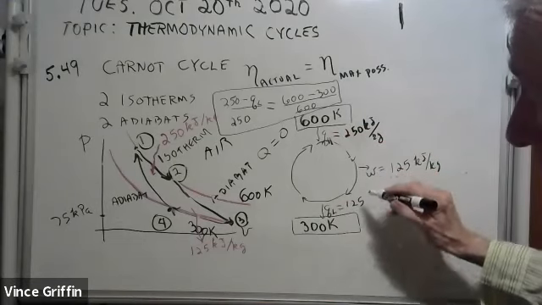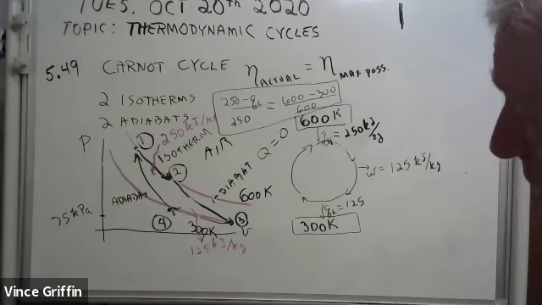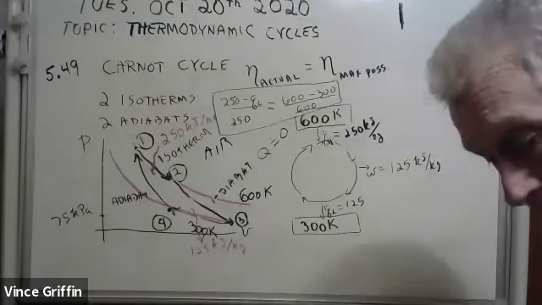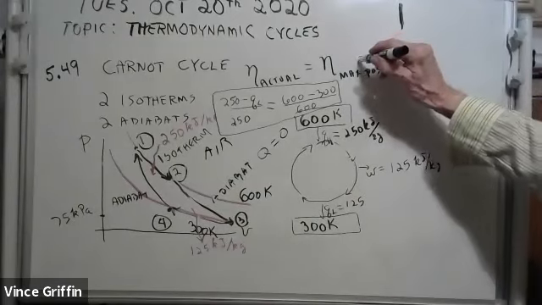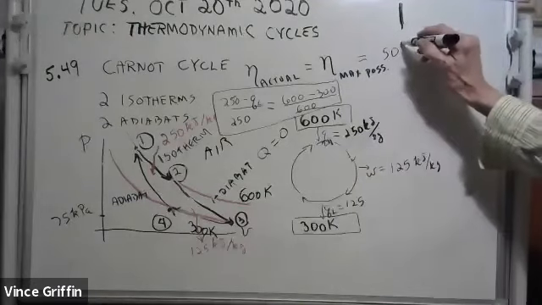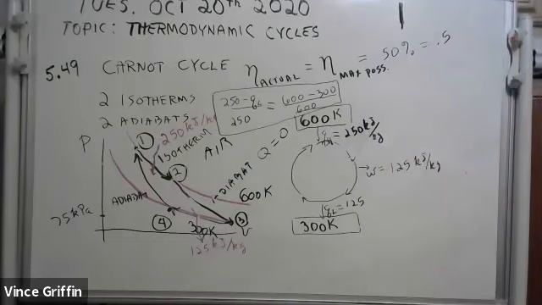This is your work per mass. We've got our work per mass on our Carnot cycle. And what would be the efficiency? You tell me. 50%. Yeah, it's 50%, or you could just say 0.5, that'd be fine.